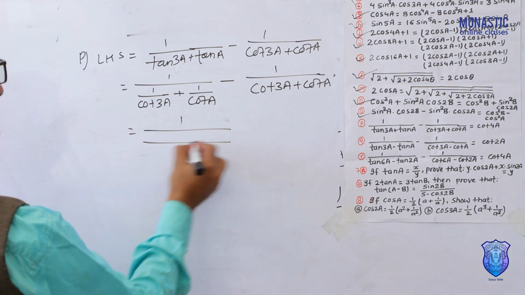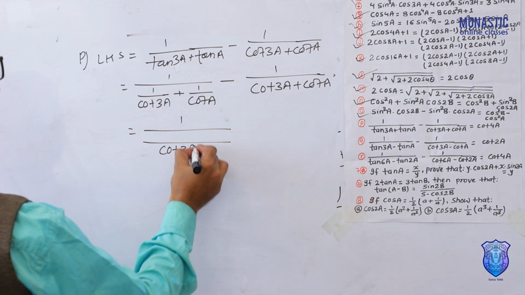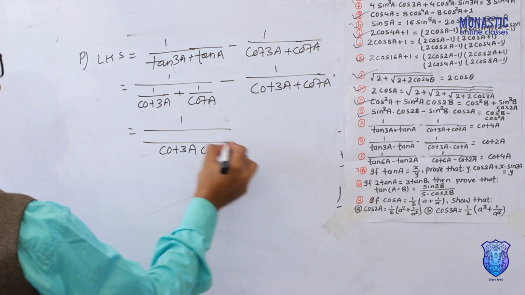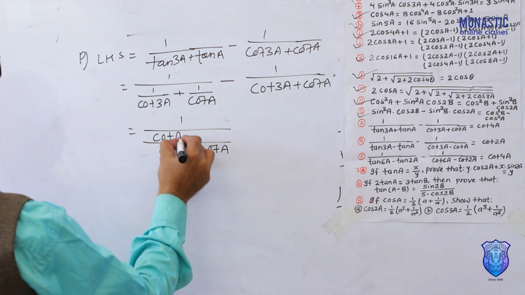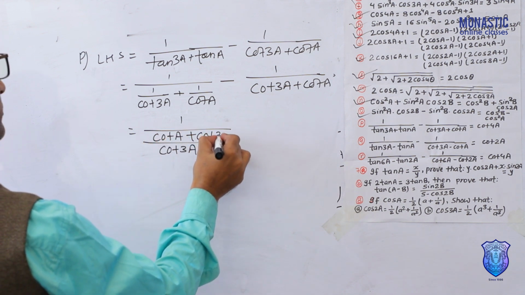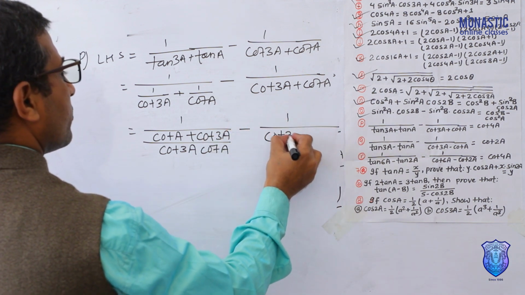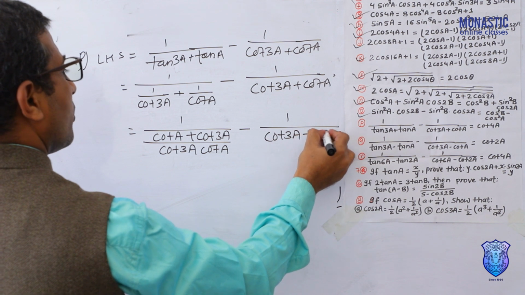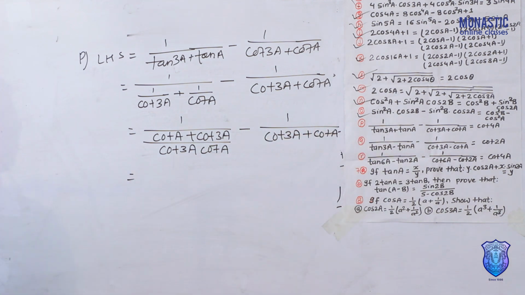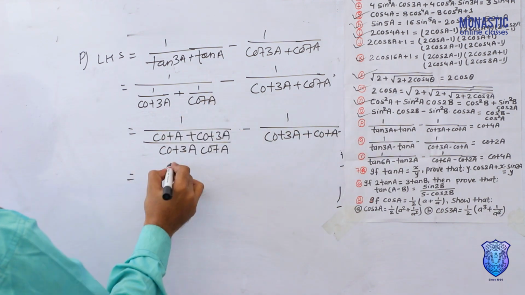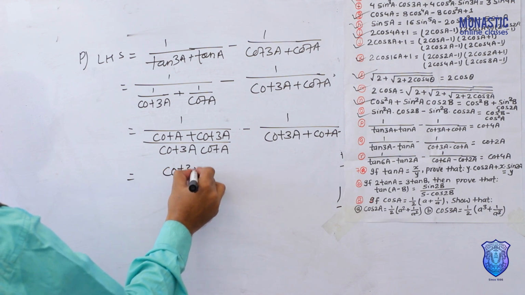Take the LCM. Cot 3a, cot 2a, cot a plus cot 3a minus 1 by cot 3a plus cot a. Now in divide, we have to write the reciprocal.